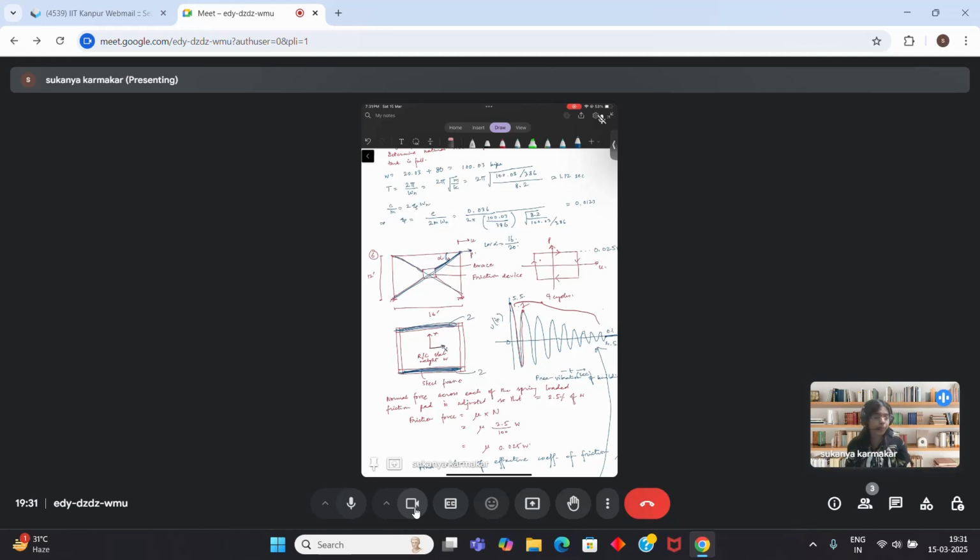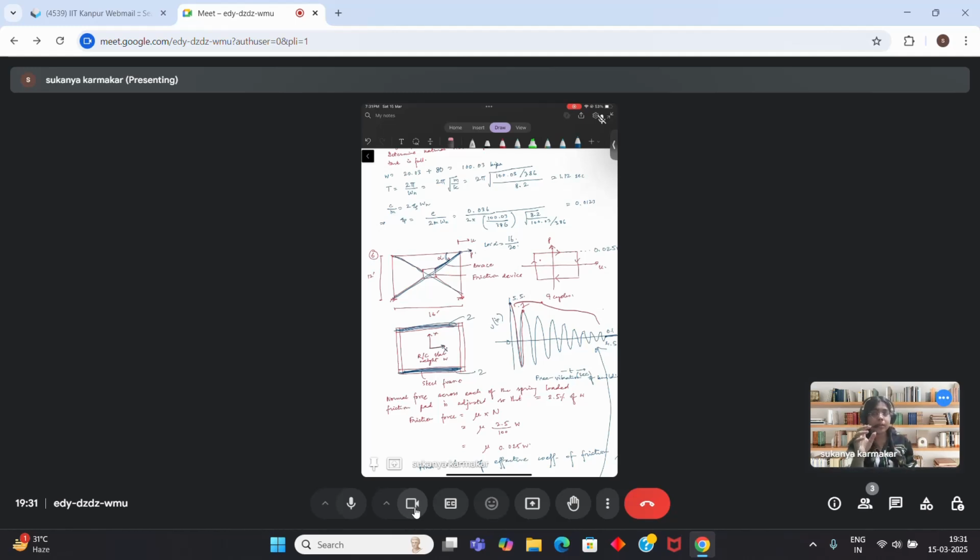And what problem did you have in equivalent viscous damping? How are we calculating this equivalent damping? See, the entire idea is you're just equating the energy in the hysteresis plot.